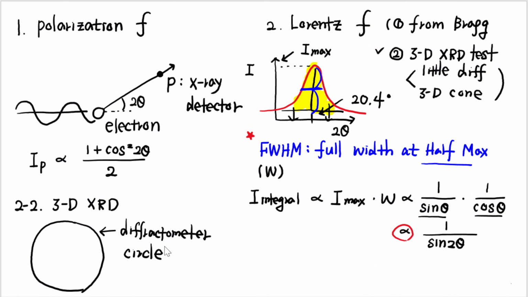This means certain points, and then our X-ray detector will be located. And then where is our sample? Our sample here, and then X-ray, some light, and then it shows some kind of diffraction three-dimensionally in this way.